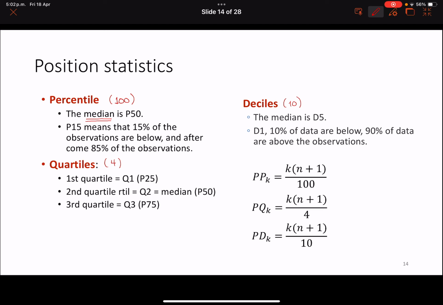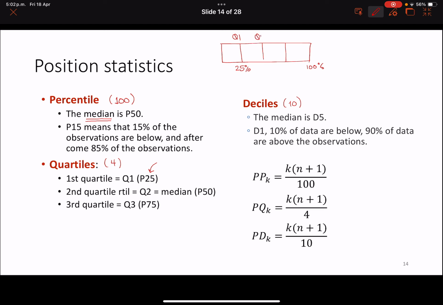In quartiles, our first quartile is also percentile 25. So 25%, if we split it up, this is 100%. So quartiles are going to be like this, right? I have here Q1, which is 25%.